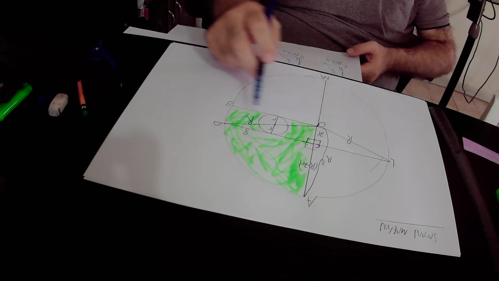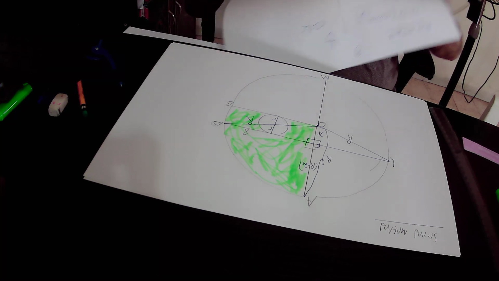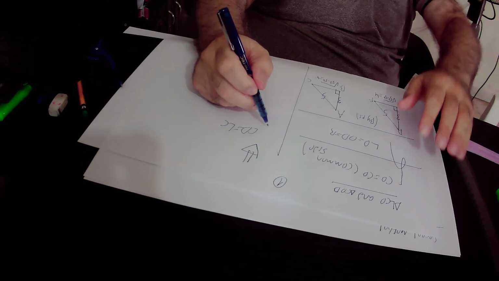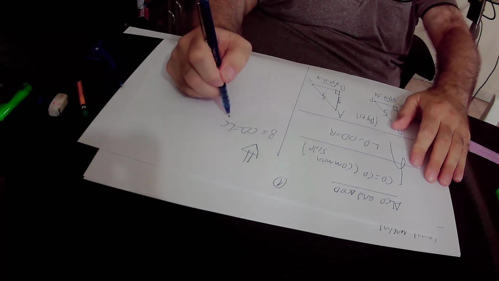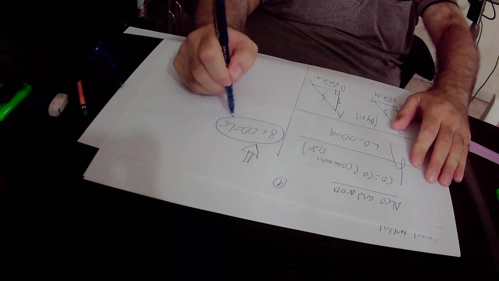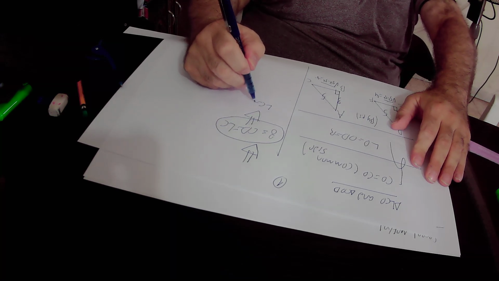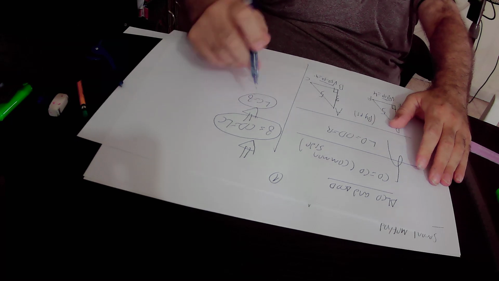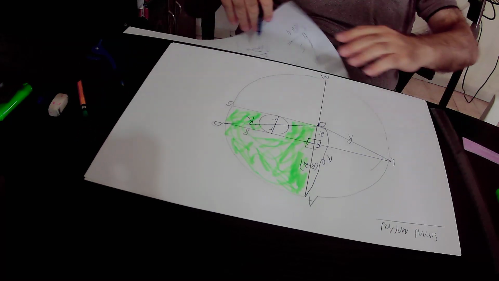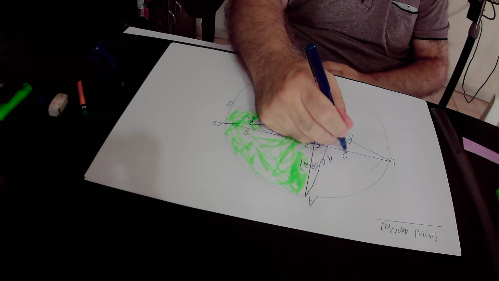But it is given that CD equals 8 units, so from the equation 8 equals CD equals LC, we derive that LC is also equal to 8 units.